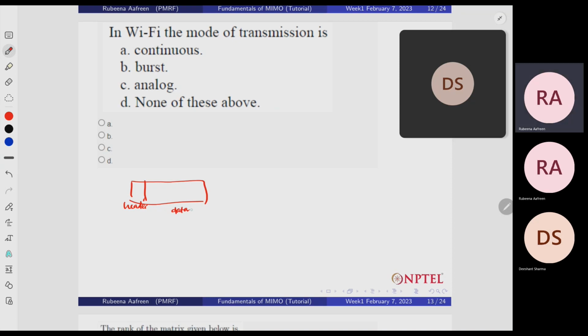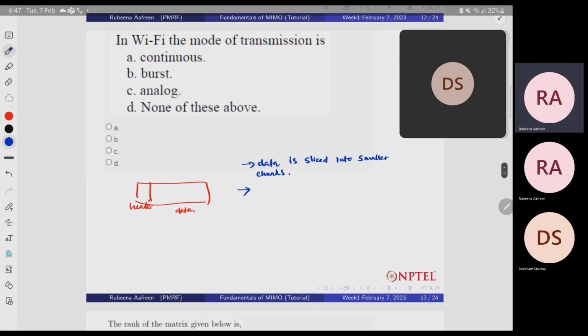So what happens in packet data is that this data is sliced into smaller chunks. So if this is the case, suppose one packet is in error.